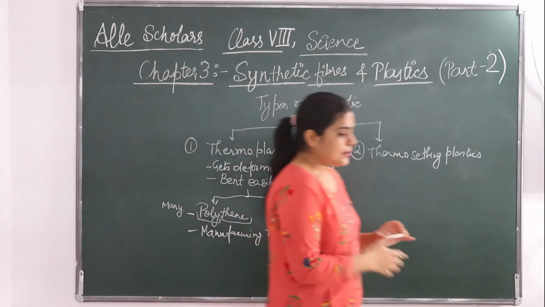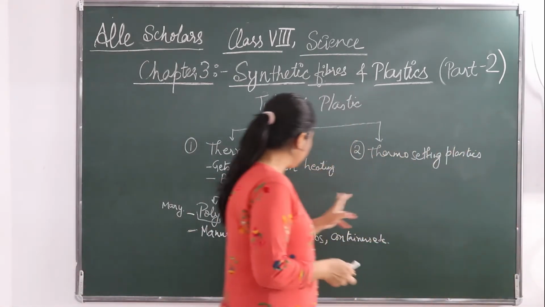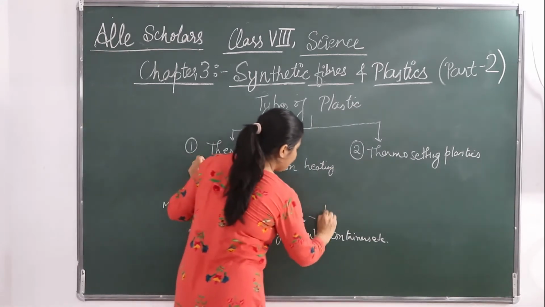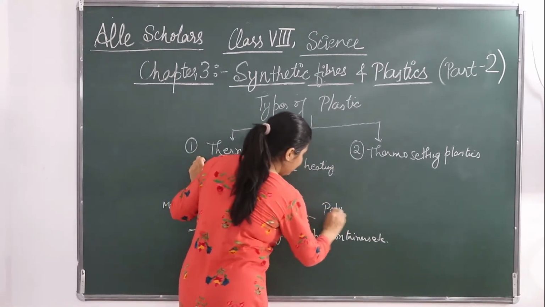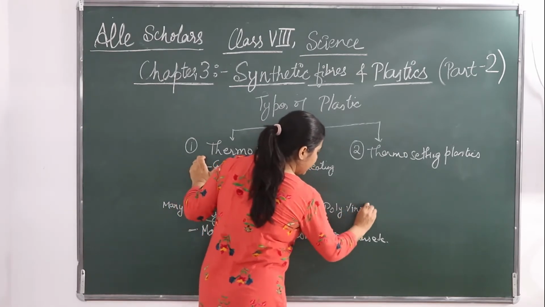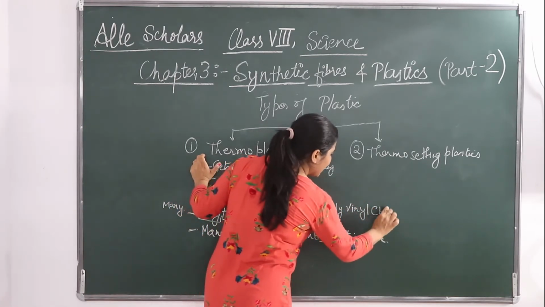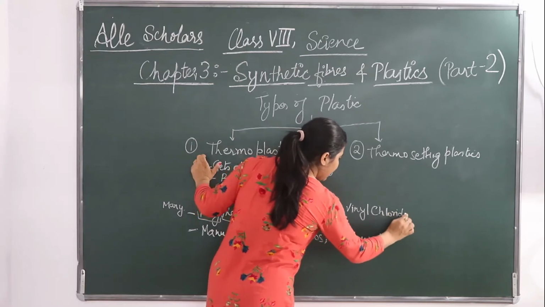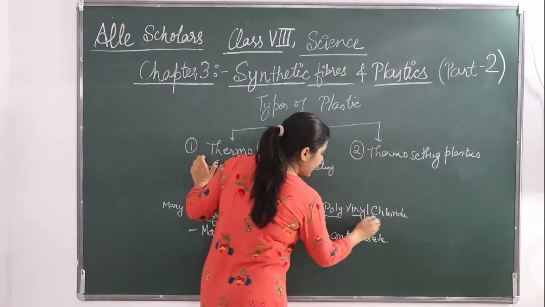And next comes PVC. So this PVC stands for P for poly, V for vinyl, and C for chloride. Okay? Polyvinyl chloride.